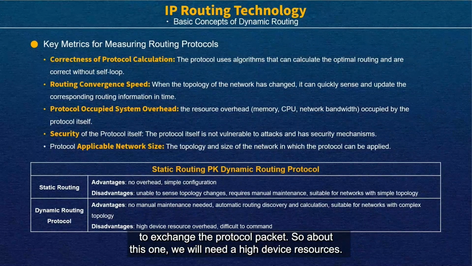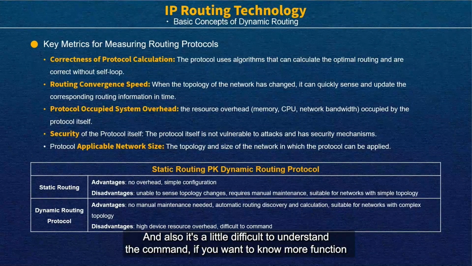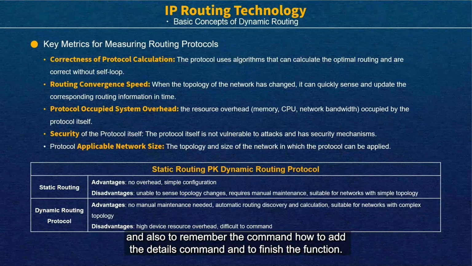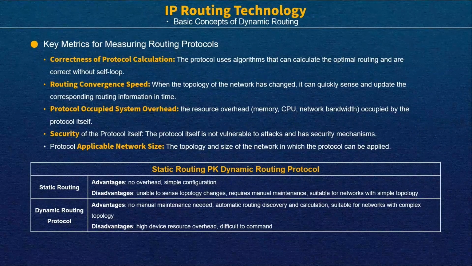So we will need high device resources. And also, it's a little difficult to understand the commands. If you want to know more functions of this protocol, you have to know more principles about this dynamic routing protocol, and also remember the commands, how to add the detailed commands to finish the function.